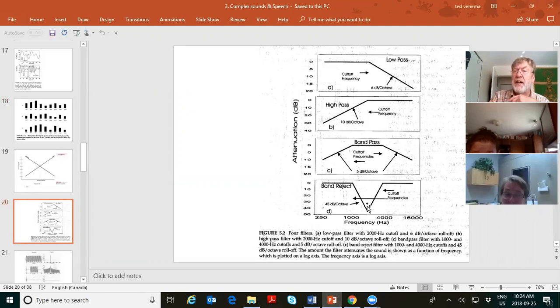And then you can look at this guy here. It's a notch filter. It's letting everything get through except these guys. Now I can give you an example of a notch filter. Look at the bottom one. Many notch filters cut out 60 hertz. You know why? Because electricity in wires runs on 60 hertz.